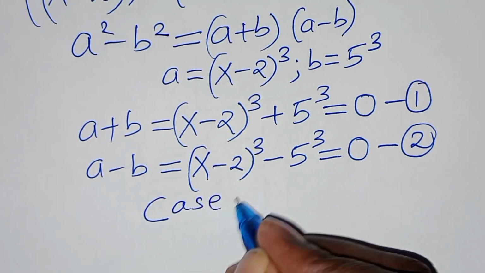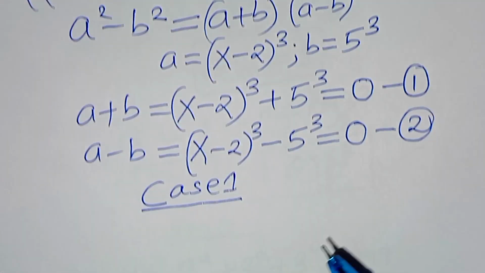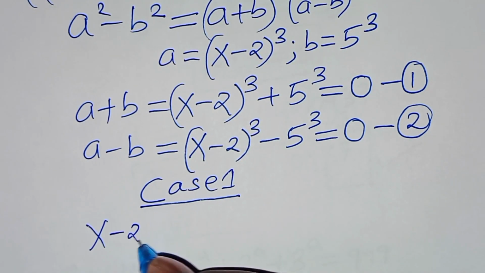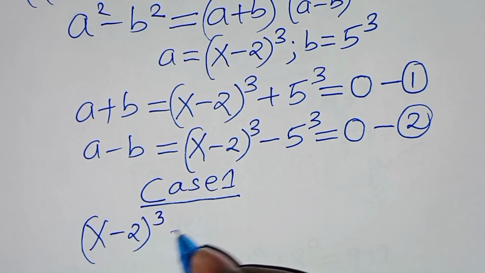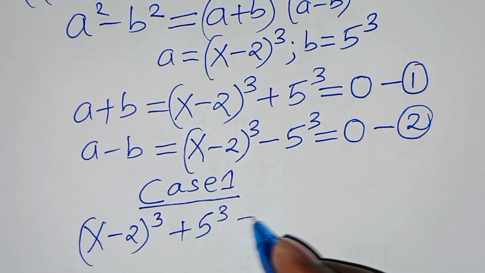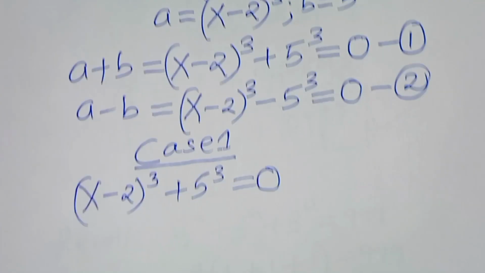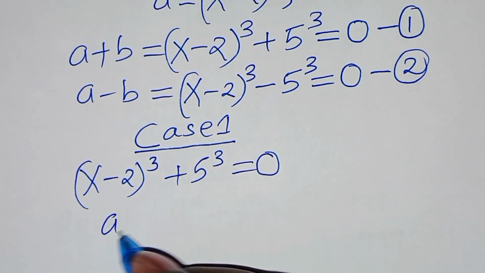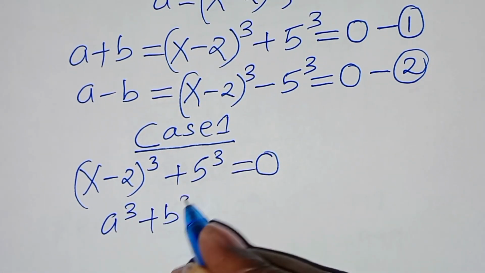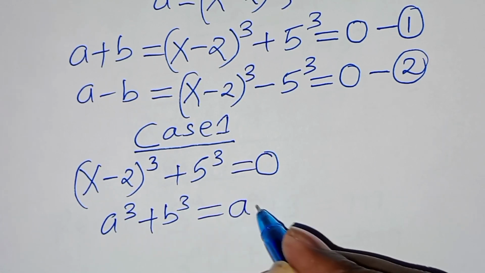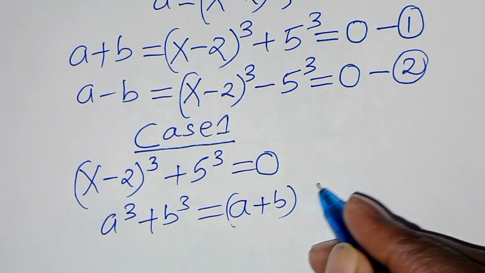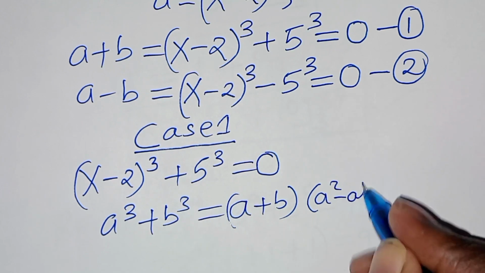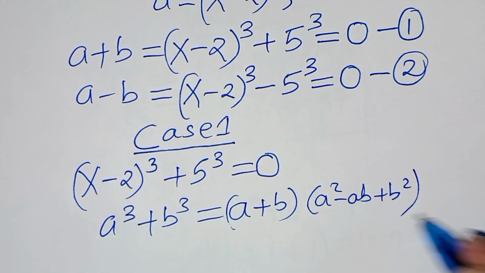Now, case 1 is the same thing as (x − 2)^3 + 5^3 = 0. Now, this is in the form of a^3 + b^3, which you can express as (a + b)(a^2 − ab + b^2).